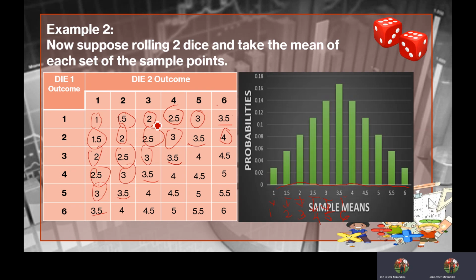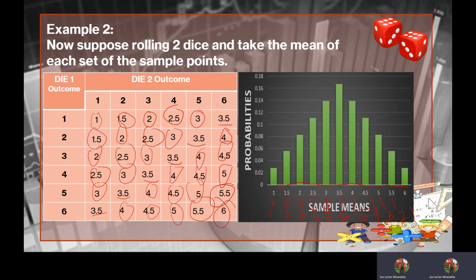We have 1, 2, 3, 4, 5. So, limang beses siya lumabas. Then yung 4.5, we have 1, 2, 3, 4. Apat na beses lumabas yung 4.5. Then si 5 is 1, 2, 3. Tatlong beses. Then si 5.5 is dalawa. Then si 6 is isang beses lumabas sa ating mga possible outcomes.